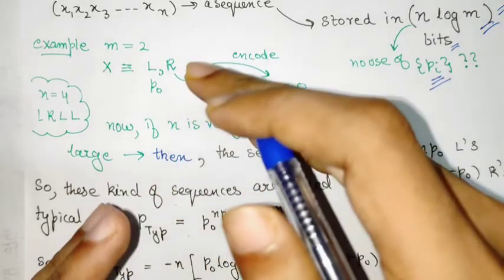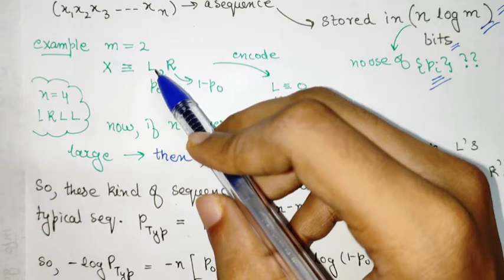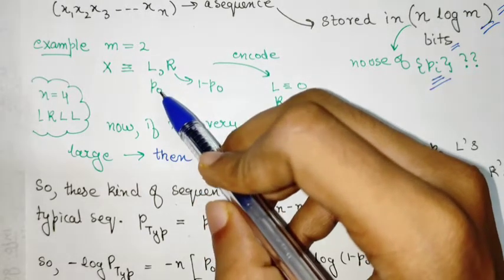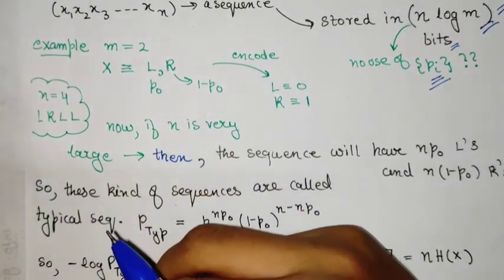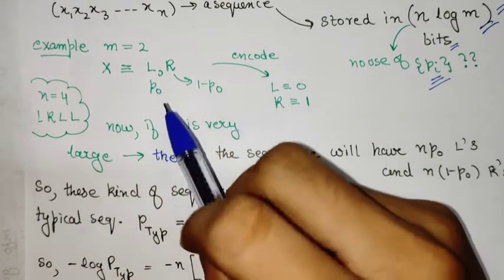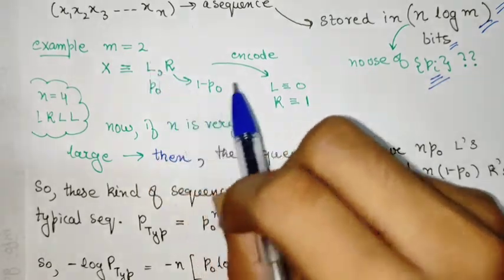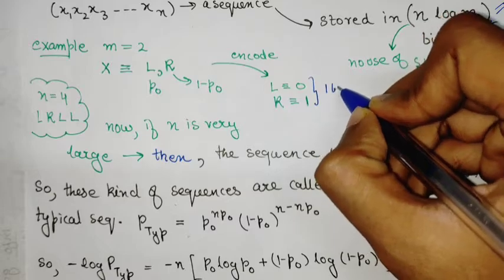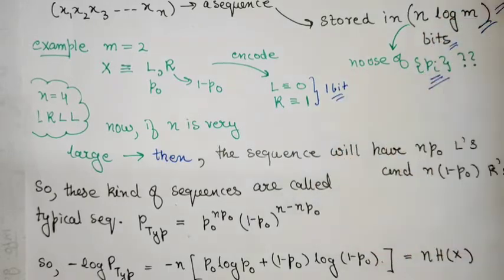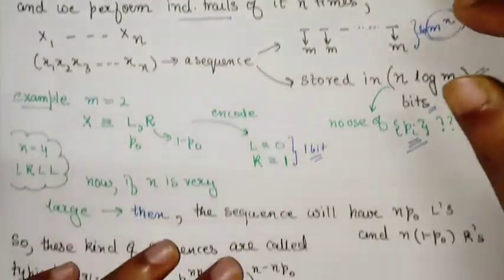It is kind of like a robot: the robot turns left with a probability p naught and turns right with a probability 1 minus p naught. So essentially now you can encode this two-valued random variable in just a single bit, 1 bit. That is consistent with log 2 equal to 1.